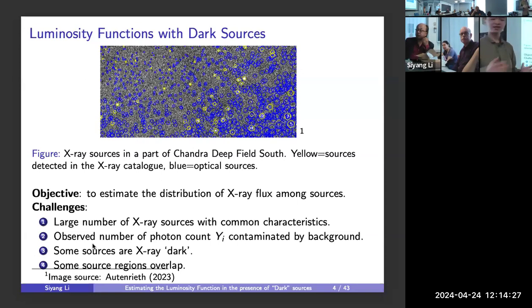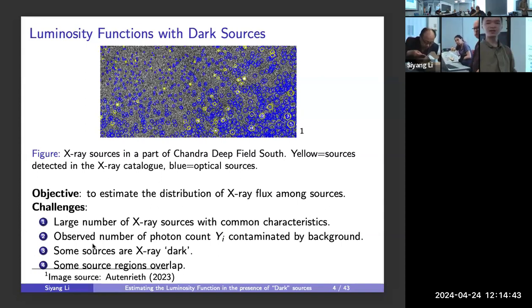The structure of this presentation is as follows. Next, we will introduce some key astrophysical concepts, and then we will tackle each of these astrophysical challenges one by one using some statistical solutions. Then at the last, we will introduce a new statistical methodology for marginalizing some parameters in a model.